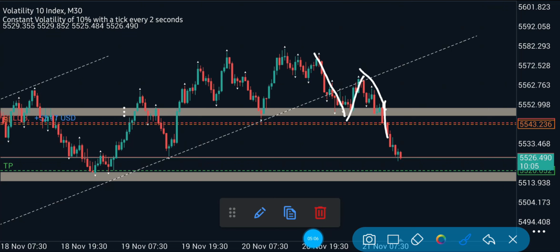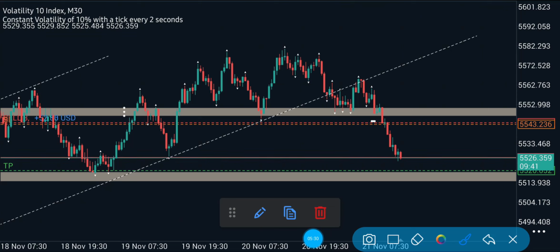I don't know if you understand what I said. Okay, let me repeat this here. I said that I am not going to sell this market, and I'm not going to buy this market unless I see that this support zone here has been breached.